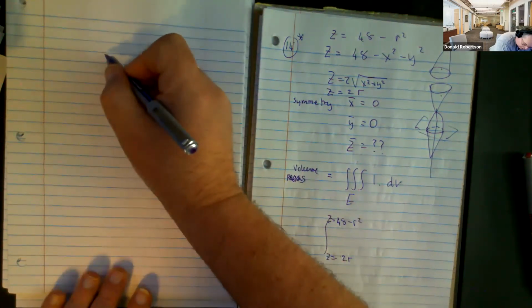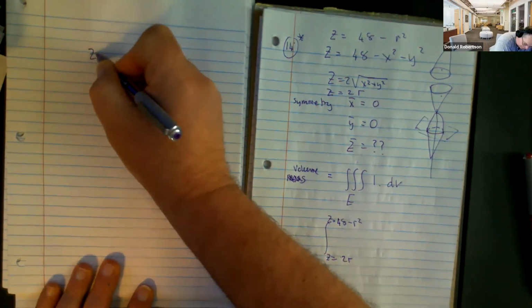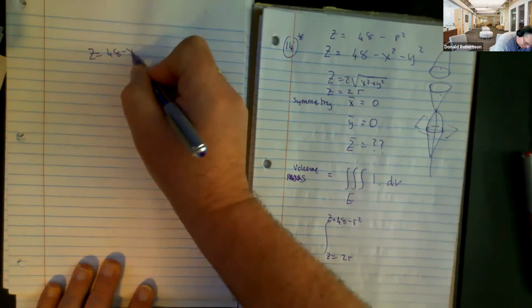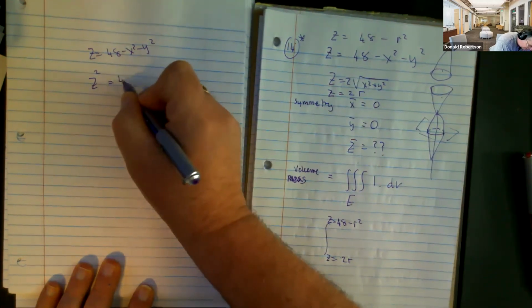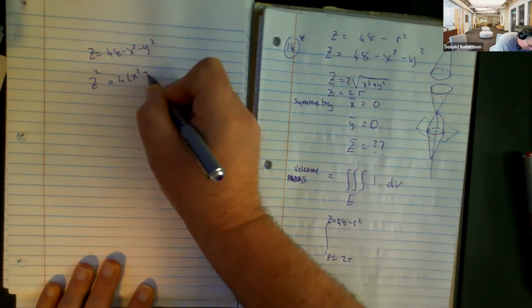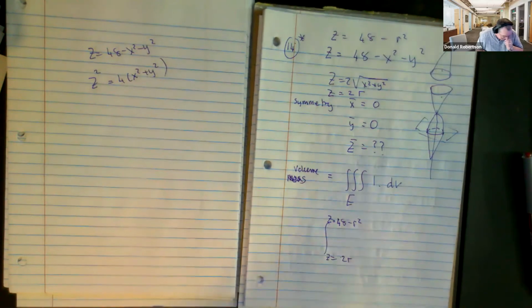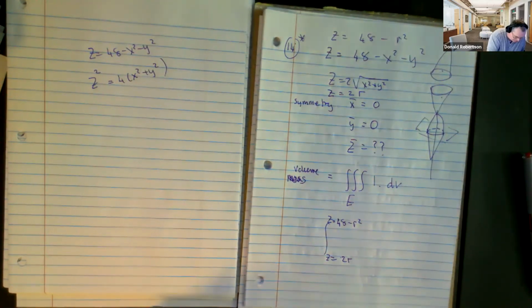And how would I find the equation of that circle? Well, wouldn't I take this equation, and I'm going to rearrange this second one by squaring everybody. Are we good with that?